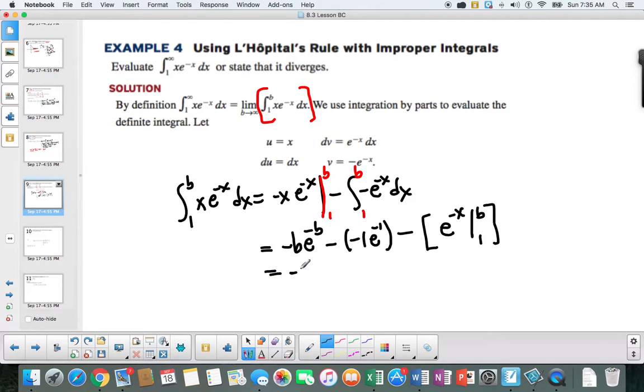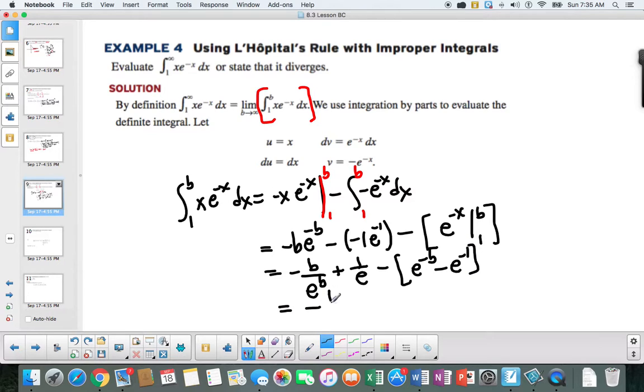So now I have negative b over e to the b plus 1 over e minus, and then this is going to be e to the negative b minus e to the negative 1.